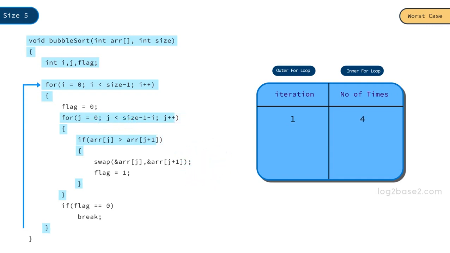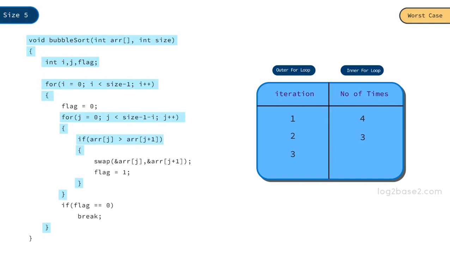Next, when i equal to 1, the inner loop will be executed for j equal to 0, j equal to 1 and j equal to 2. So in the second iteration of the outer for loop, the inner loop statement will be executed 3 times. Next, when i equal to 2, the inner loop will be executed for j equal to 0 and j equal to 1.